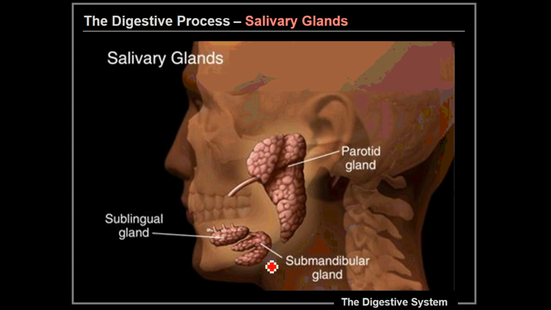We can see here, the submandibular glands lie underneath the mandible, and they will help secrete saliva into the mouth. And then the big one up around the upper portion of the mandible is called the parotid salivary gland, and it's the largest of all the salivary glands. So those are your three kinds of salivary glands. Again, parotid, submandibular, and sublingual.